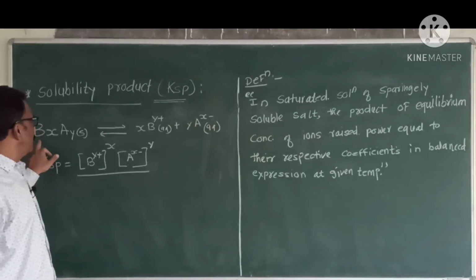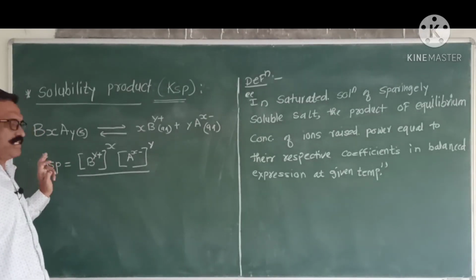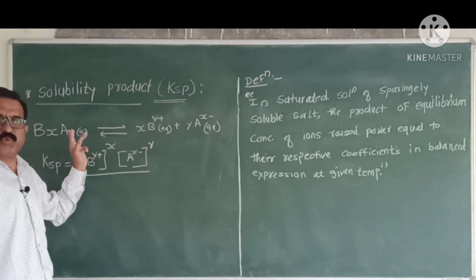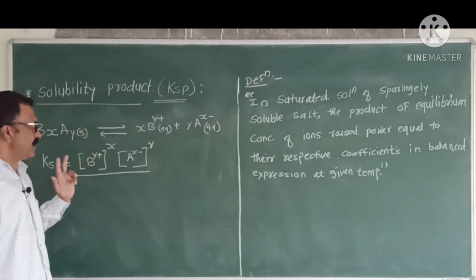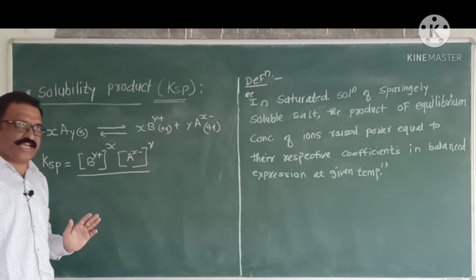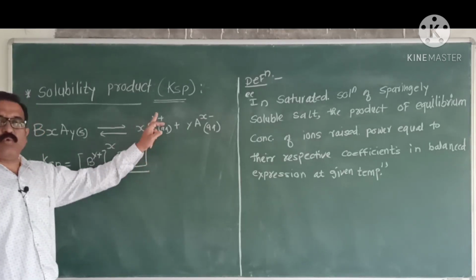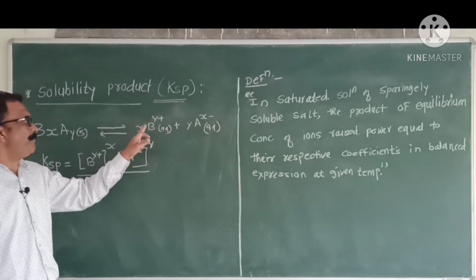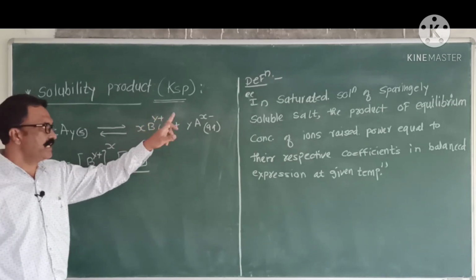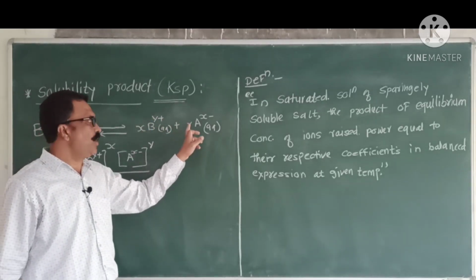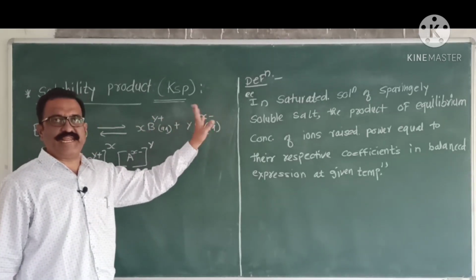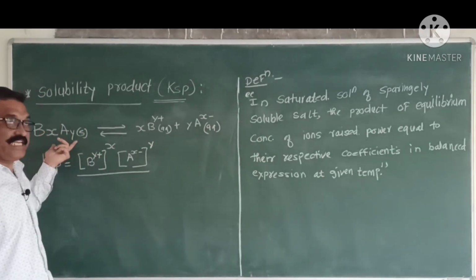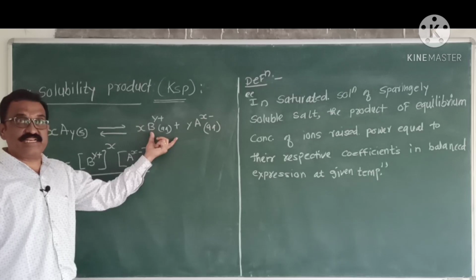Consider a general example. If BxAy is a sparingly soluble salt, this sparingly soluble salt gives x mole of B y plus ion as well as y mole of A x minus ions. If it is a sparingly soluble salt, then it gives such kind of ions.